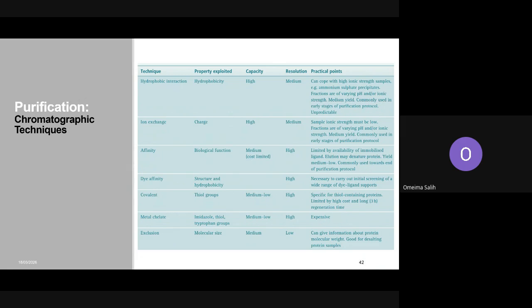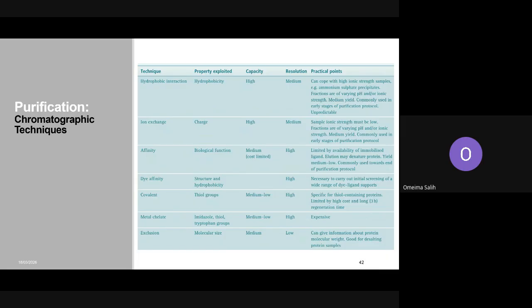There is affinity. If you want to test for the affinity between two proteins, then you can use affinity chromatography. You can adapt the stationary phase to one type of protein and the mobile phase for another protein and test how they combine with each other.